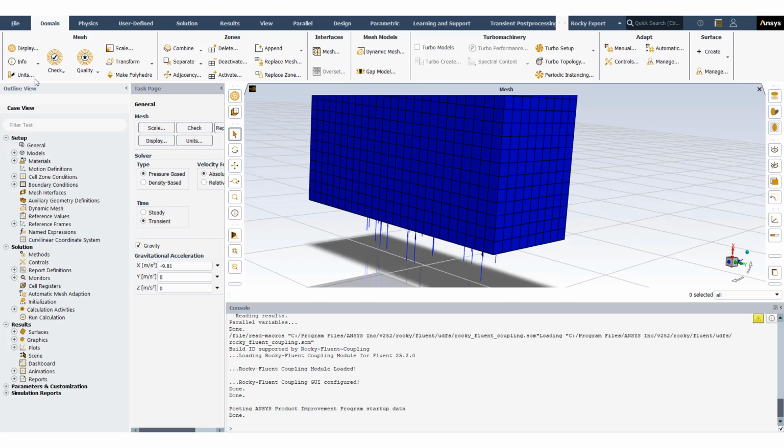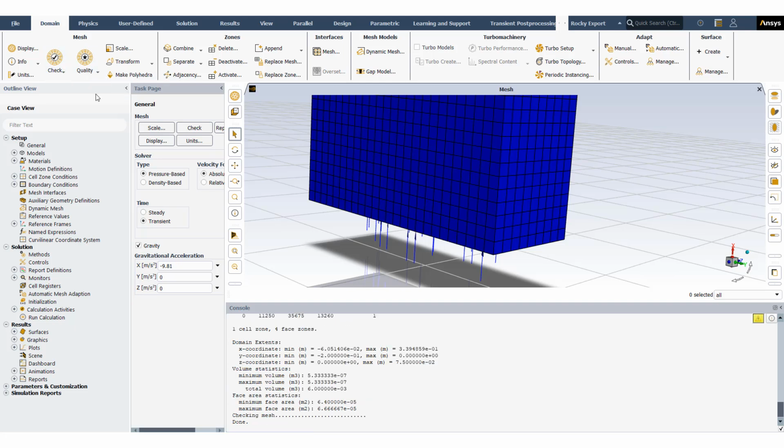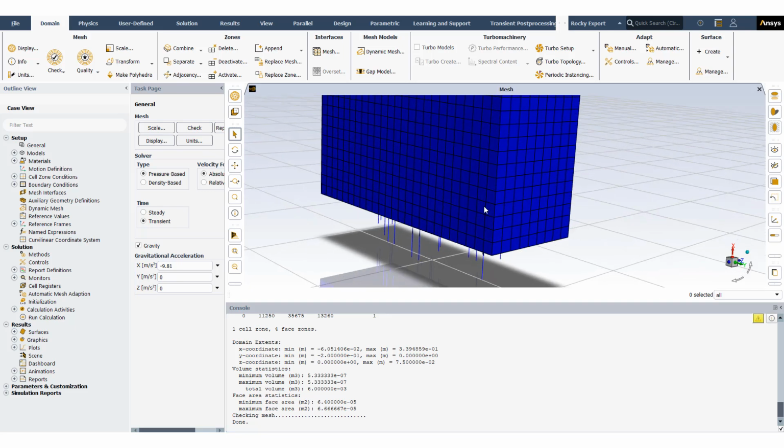I can provide the size of the mesh, 11,250 elements, and we can do a mesh check as well to see the total volume. So it's a fairly small segment of a fluidized bed, just for demonstration purposes.